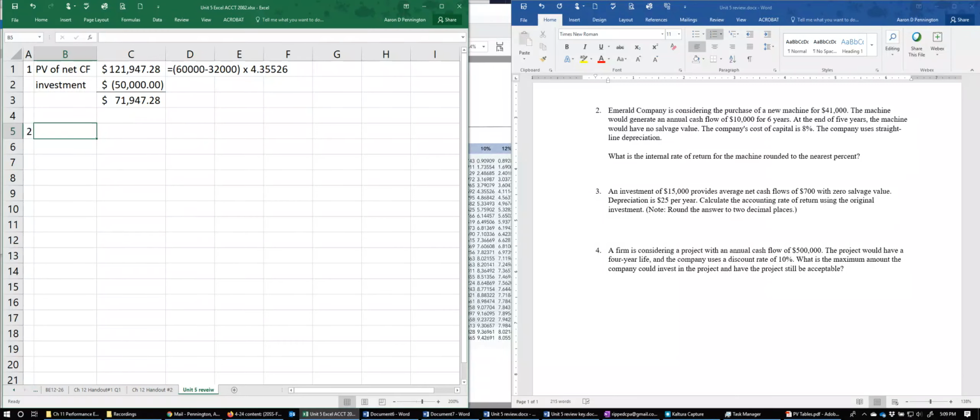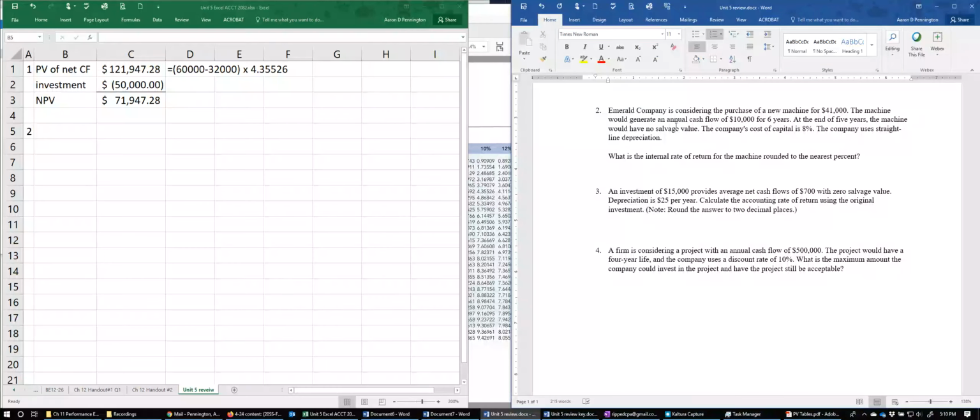Next, to ask for the internal rate of return, I guess I should label this. Let's see what the problem gives us. Emerald Company is considering the purchase of a new machine for $41,000.